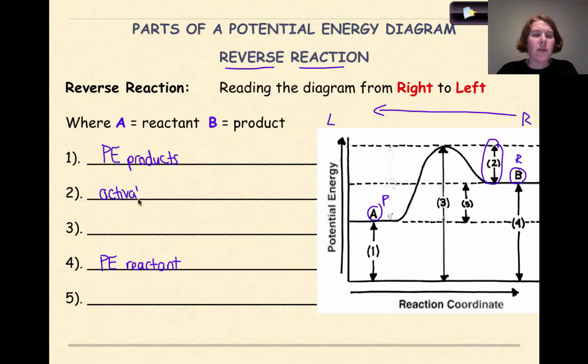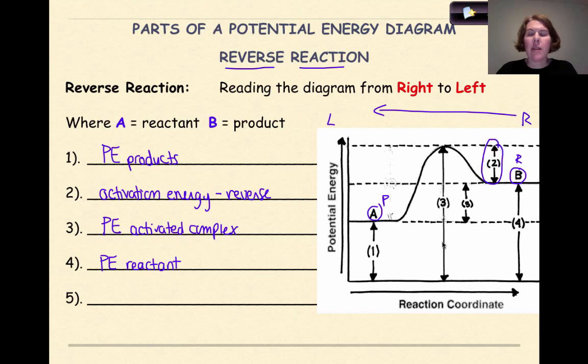Activation energy. And let's put a little note here, reverse, just in case you look at this again and wonder, wait, why did she call that the activation energy of the reverse? It's because we are going in reverse. We're going from right to left. Number 3 will still be the potential energy of our activated complex.